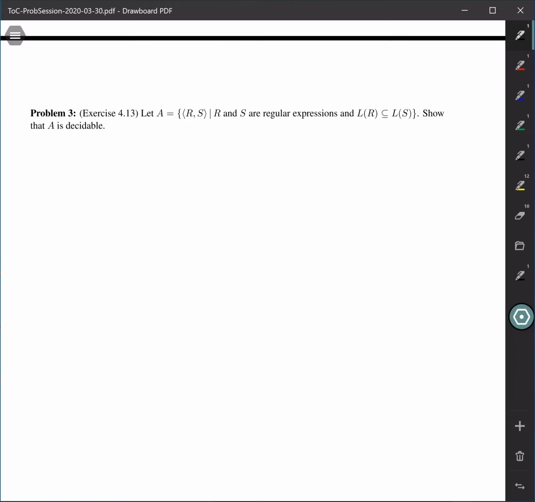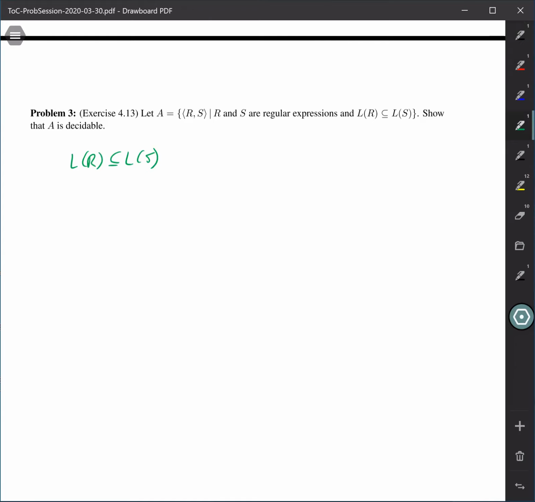And when you're thinking in terms of DFAs, let's make some notes here. We're asking whether one language is a subset of another language.